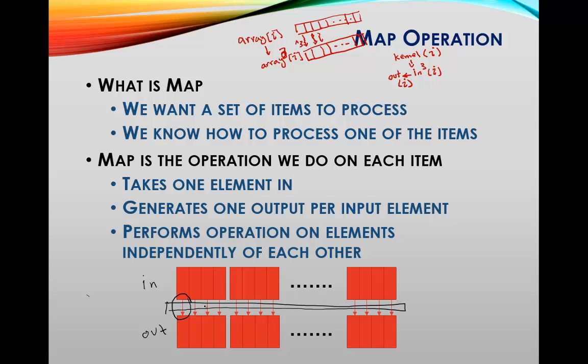So this is essentially a very simple operation, a very simple process. Again, it's called map operation. It's a one-to-one process, and of course it's map essentially because of that purpose. A map operation takes one unit of data and creates one unit of output per unit of data, and then it can be done independently.